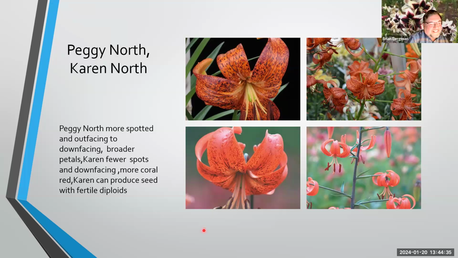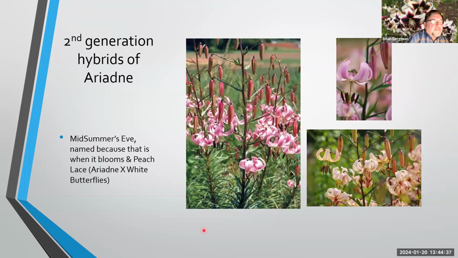Okay. Next slide. And then there's second generation hybrids from Ariadne. Yeah, and these are all, if you use a lot of pollen, you'll usually get 1 or 2 embryos per pod. So you do have to do a lot of pods to get some special things. Midsummer's Eve flowers later than some of the others, but it's a nicer pink.